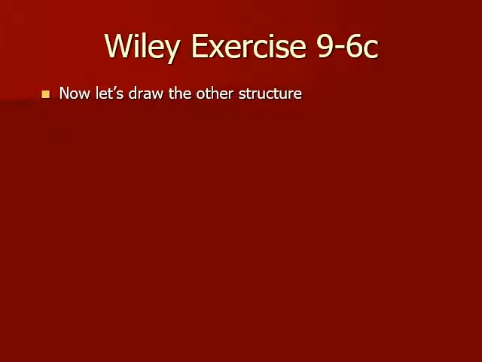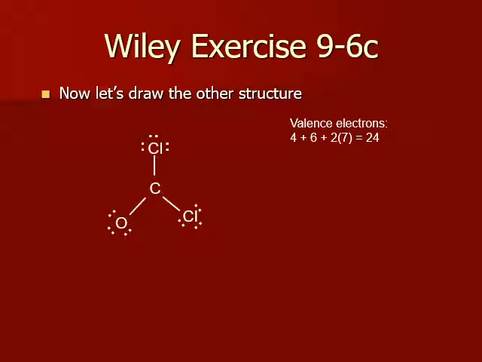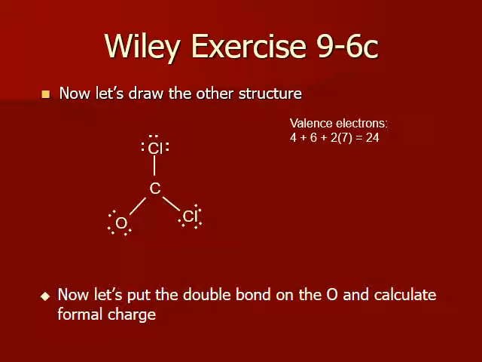Let's draw the other structure. 24 electrons again. Our skeletal structure is here. Let's put the double bond on the oxygen. Calculate formal charge. Carbon is still the same, 0.